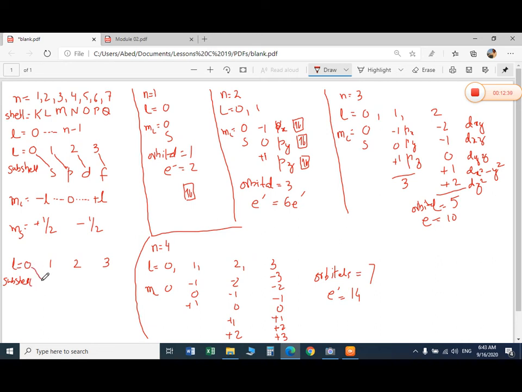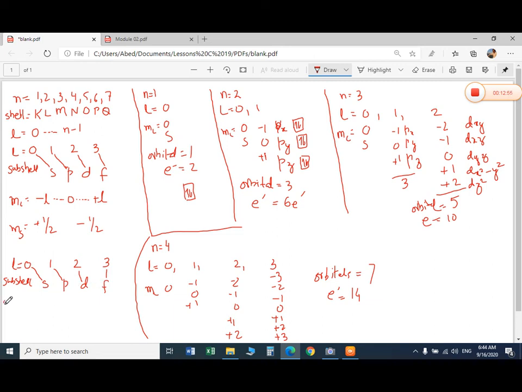So 0 is equal to S, 1 is equal to P, 2 is equal to D and 3 is equal to F subshell, SPDF.